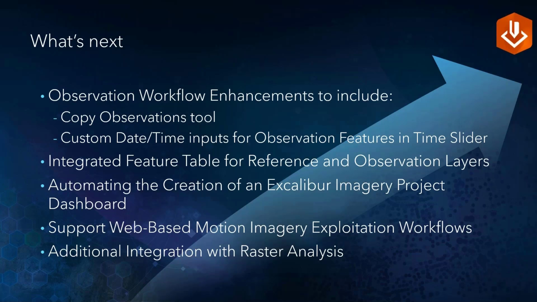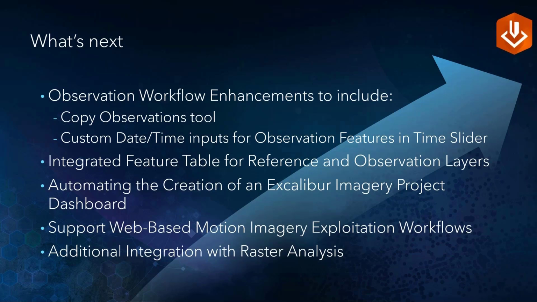All right, so everything you saw is available today inside of ArcGIS Excalibur. But just to give you some insights on some future capabilities that we're currently working on, and just to highlight a few, right? Enhancements will be made to our observation workflow. This includes allowing analysts to select more than one observation to copy or clone and make new observations from new imagery that they may receive.